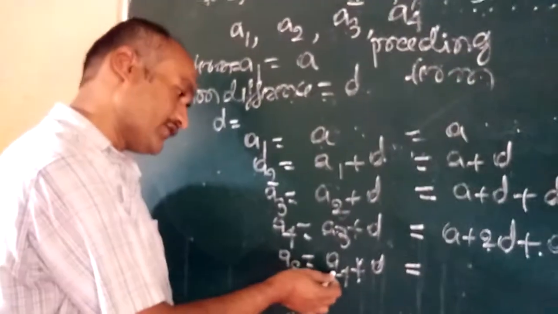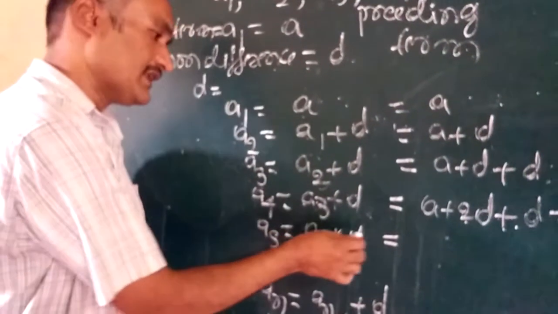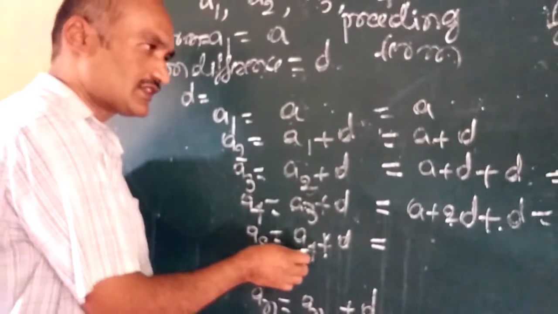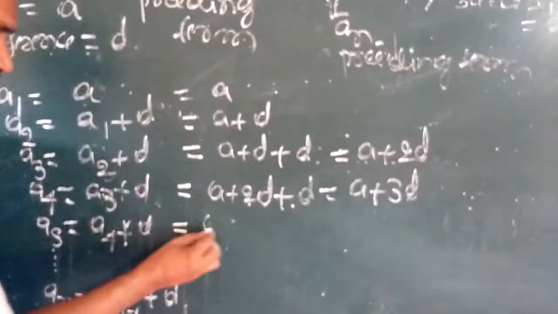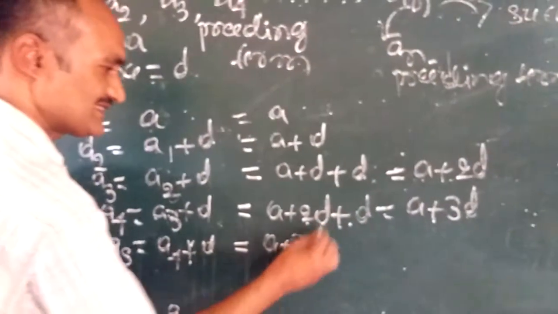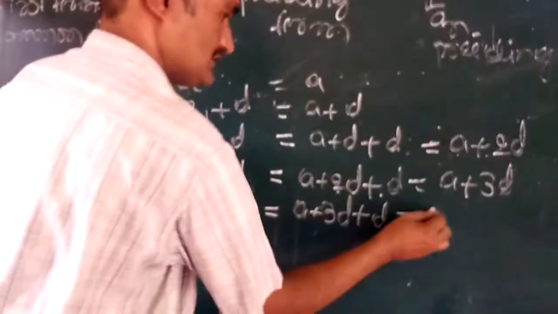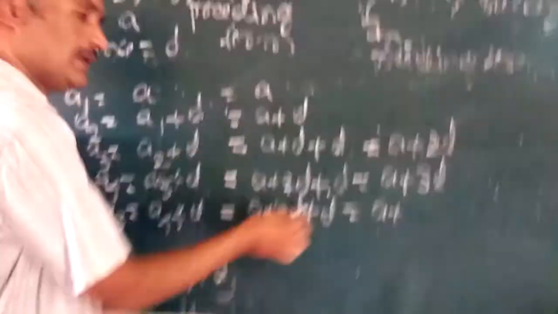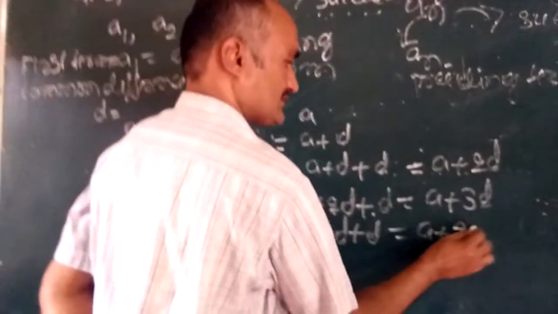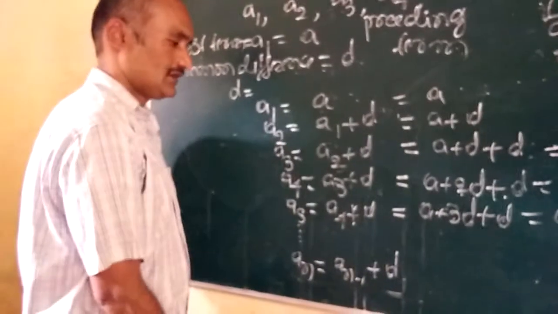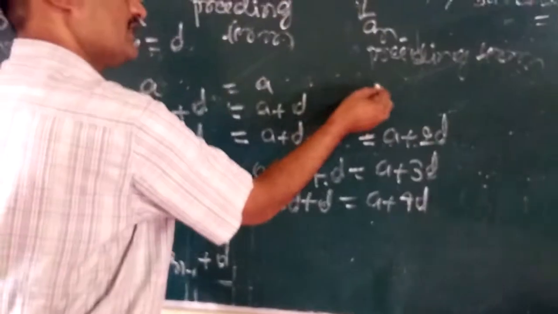And here, in place of the fifth term, it is the fourth term plus the common difference. What is the fourth term? A plus 3D. For that, D should be added. A plus 3D plus D is 4D. So we will go like this only.